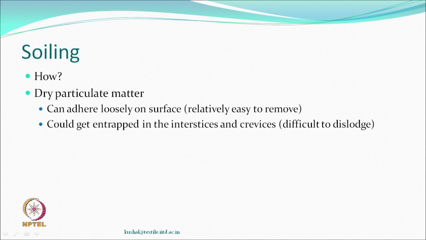So, a good amount of soil that one can see on a textile could be particulate matter. You see the dust flying all over, the smoke that comes out of chimneys and the exhaust pipes and so on and so forth. So, there are particles also, and those particles can get adhered.